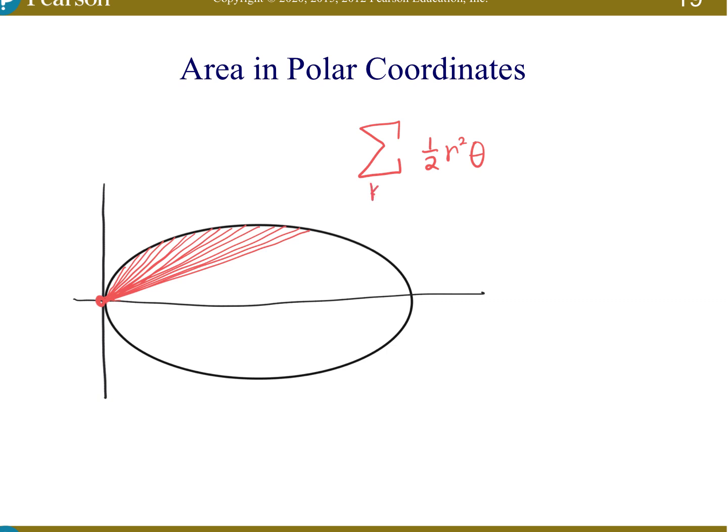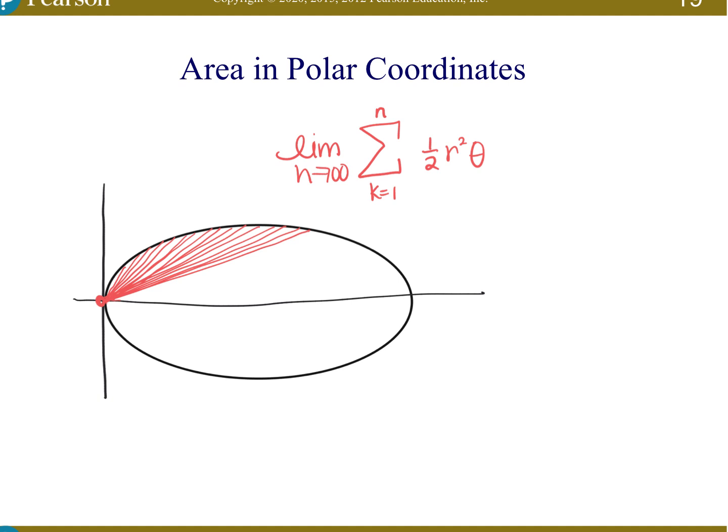The number of sectors starts with the first sector, and we go to the last sector. And ideally, how many sectors do we have in an ideal world? Infinite. So we indicate that as the limit as n approaches infinity.